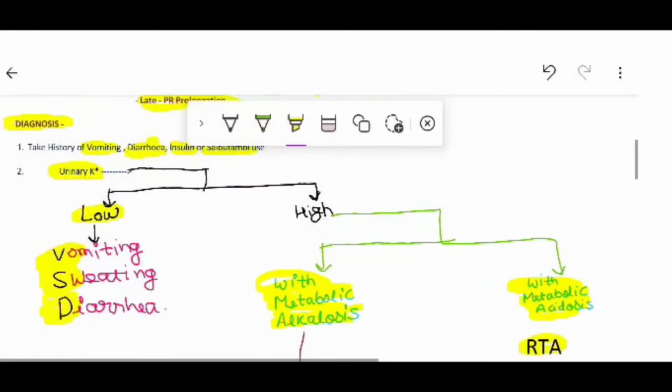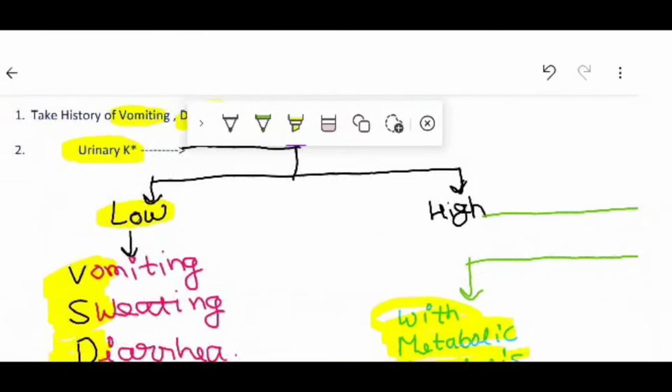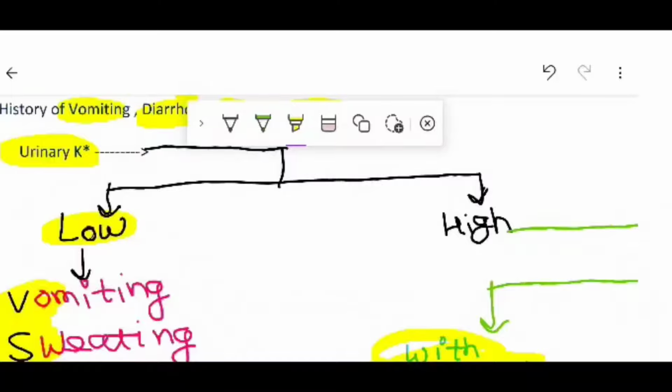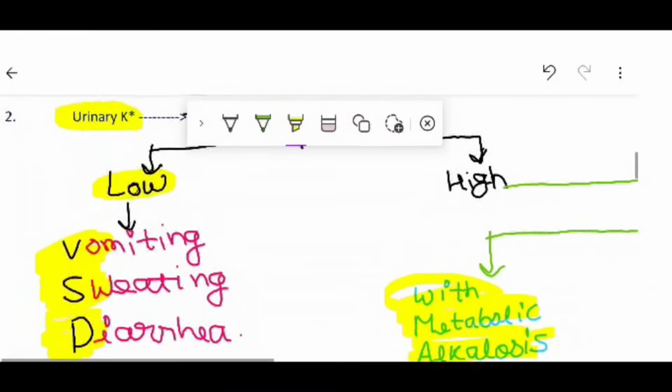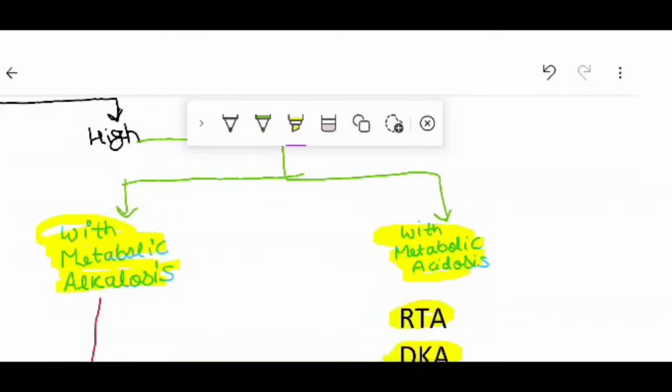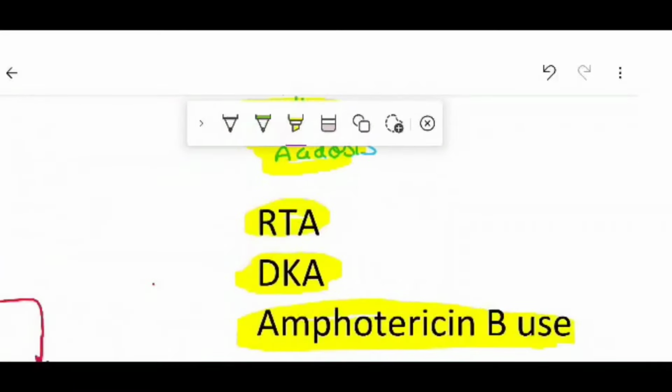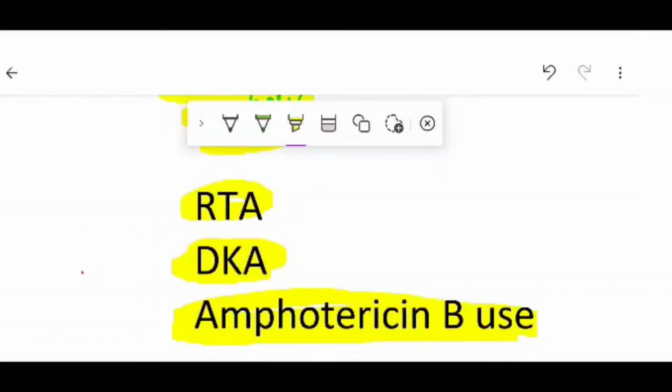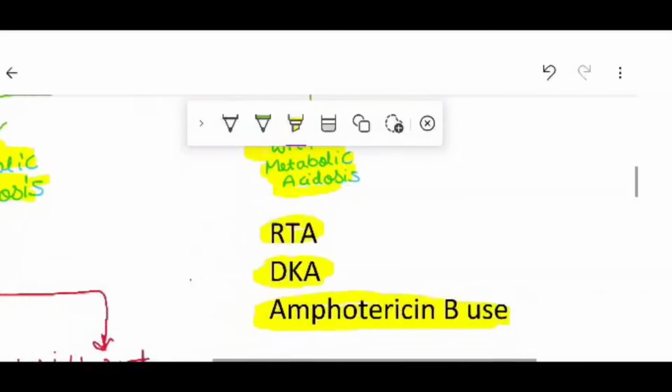Let us start again. First of all, you have to calculate urinary potassium. If it is low, then we have the three causes, and if it is high, we have two possibilities: with metabolic acidosis or with metabolic alkalosis. If it is with metabolic acidosis, we have three causes: renal tubular acidosis, diabetic ketoacidosis, and amphotericin B use.